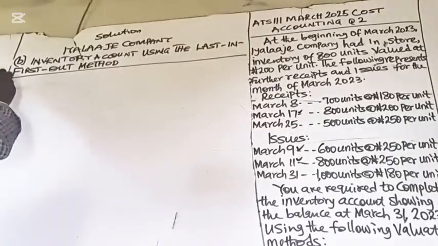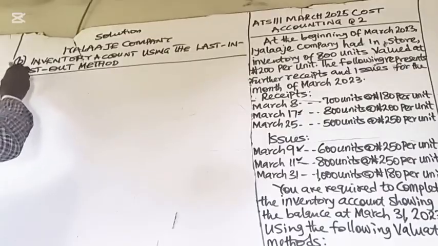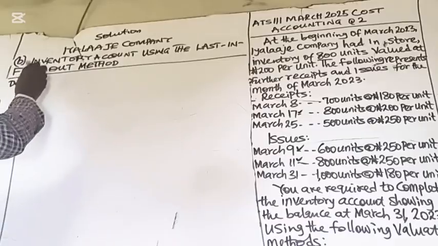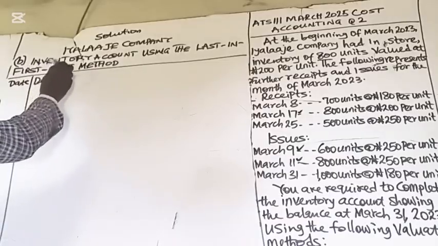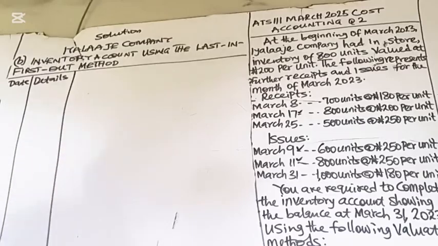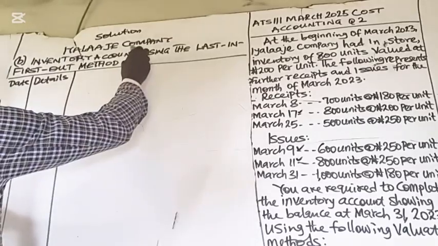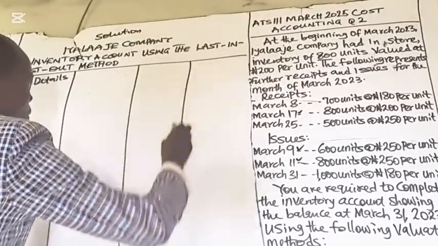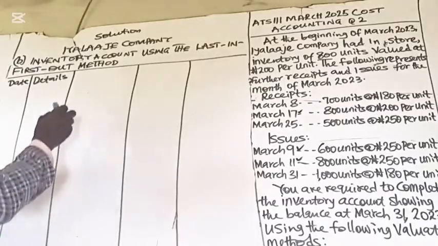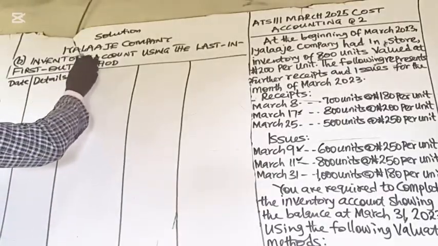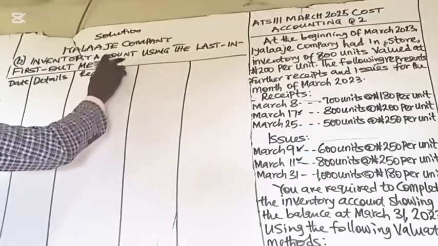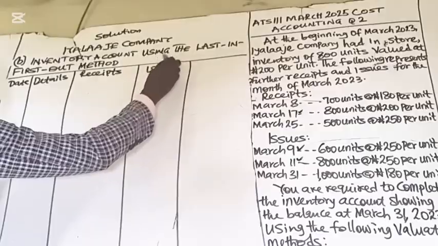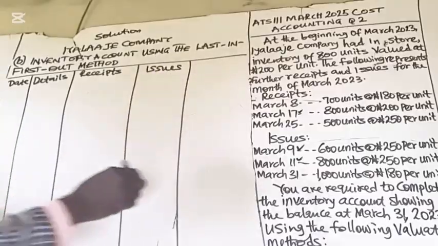We have a column for date, another column for details or particulars. Then we have receipts, issues, and balance.